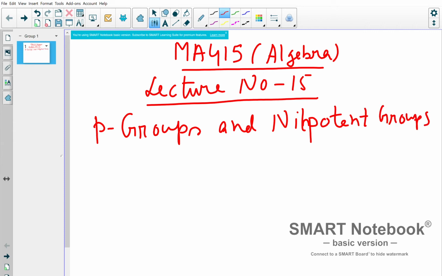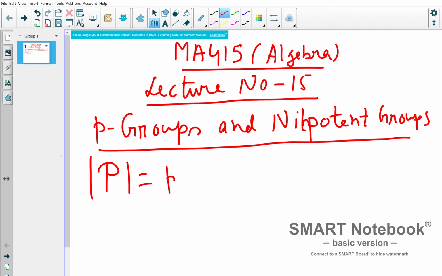So p-groups we already know. A group is called a p-group if the order of that group is some prime power, p to the a, where a is some positive integer. You can always choose a greater than or equal to 1, because for 0 it is the identity.